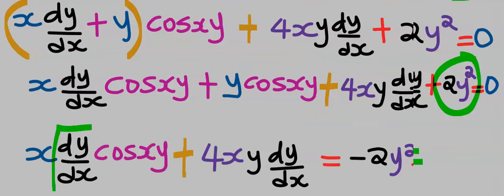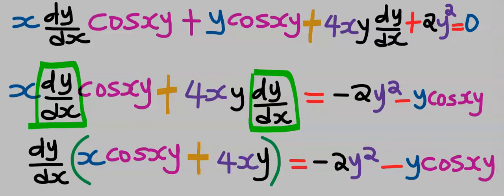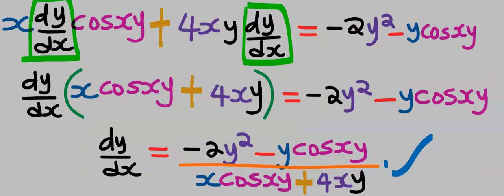Next, factorize dy/dx out. Now that we have factorized dy/dx, next, make dy/dx the subject. Hence, this is our dy/dx.